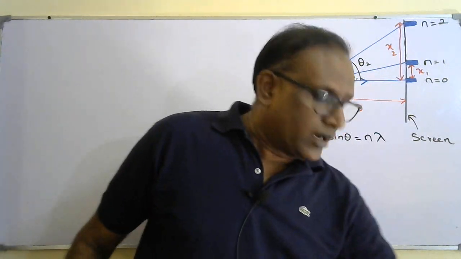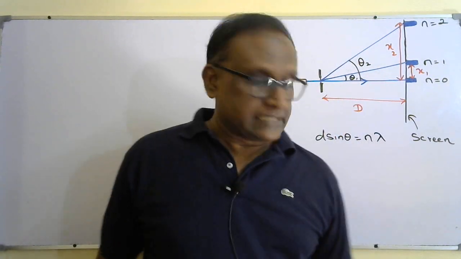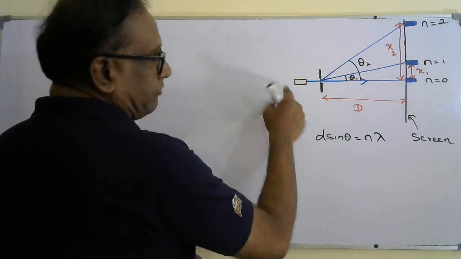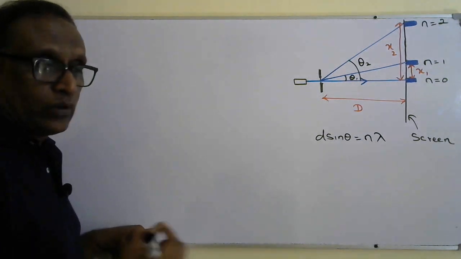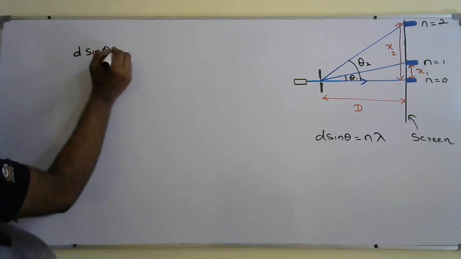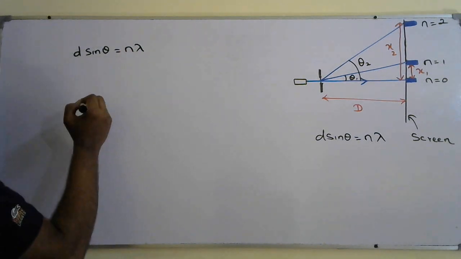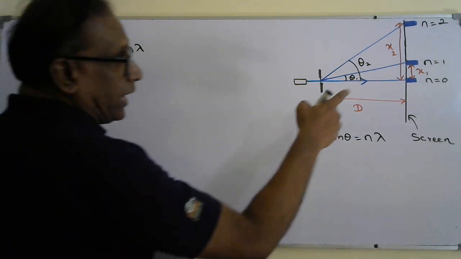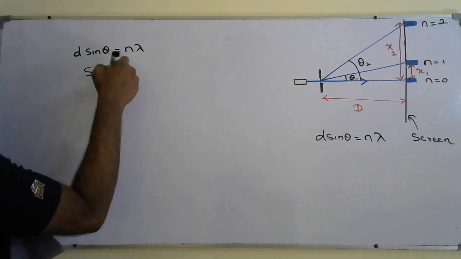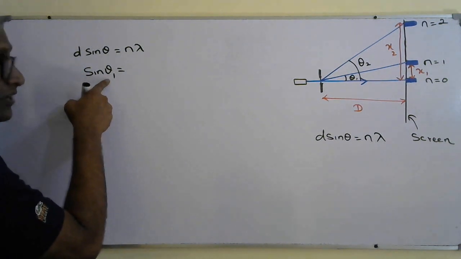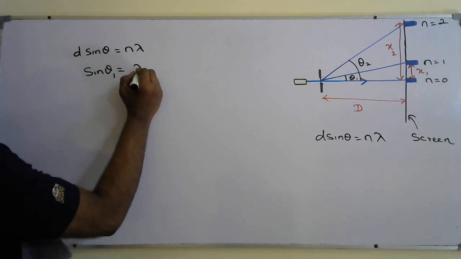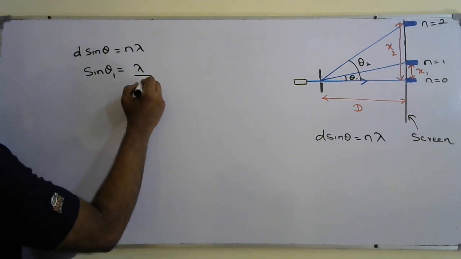The reason, if you ask, is the trigonometric relationship. You know, d sine theta equals n lambda, imagining monochromatic light, one wavelength. If you want to find theta 1, sine theta 1 equals n lambda over d, and we put n equal to 1 because it's the first order, so it is lambda over d.